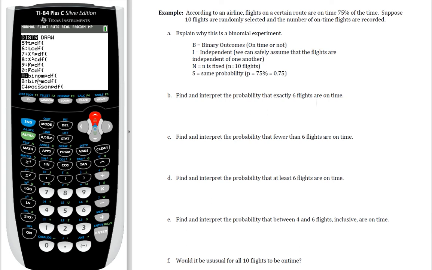Binompdf is the binomial distribution, and it's used to find the probability of exactly a certain number of successes. If we're looking for explicitly the likelihood of getting 10 successes out of 20, or 13 successes out of 15, an exact number of successes, that's what binompdf does. In binomcdf, the C stands for cumulative, which means it adds multiple probabilities together.